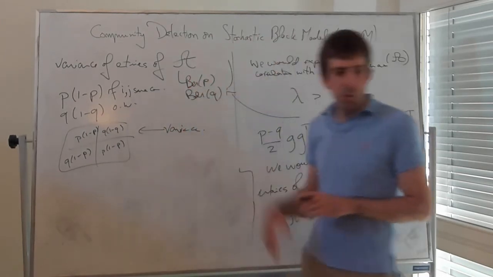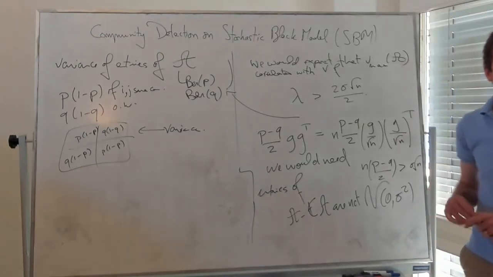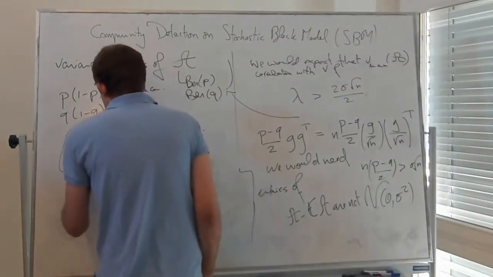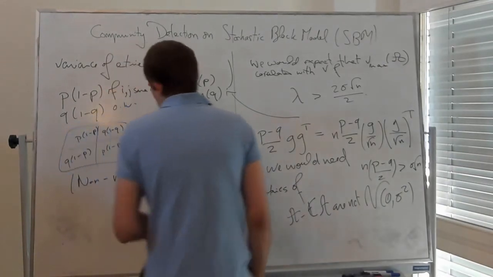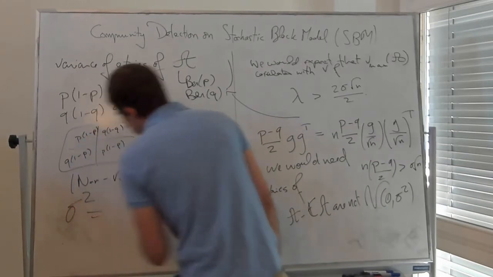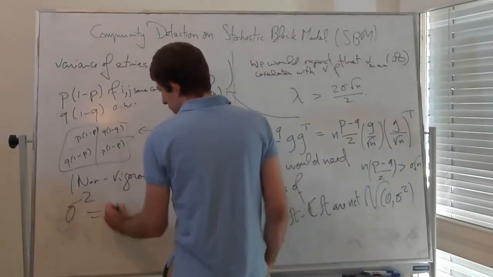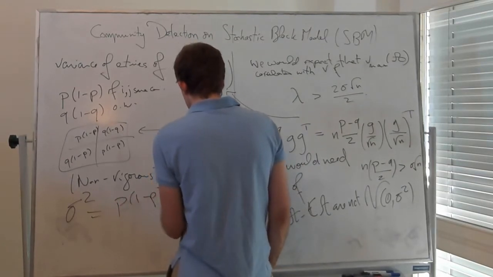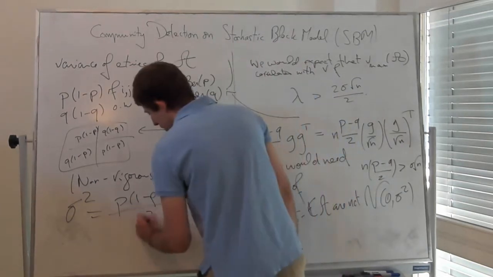Okay, so a reasonable thing to do, of course this will have to be justified quite carefully, but again, non-rigorous, we should make that very clear, is to take the variance in this prediction to be just the mean of the two variances. That's P times 1 minus P plus Q times 1 minus Q, over 2.